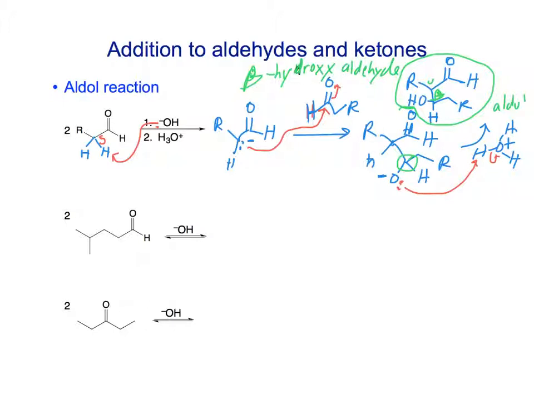All right, so I think the easiest way is if you just draw the aldehyde, the first one, just like we started out with, okay? And then we're going to connect the second one to the alpha position.